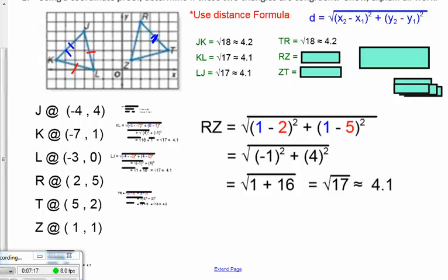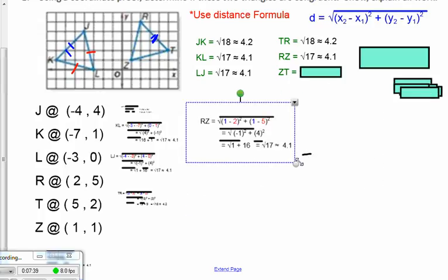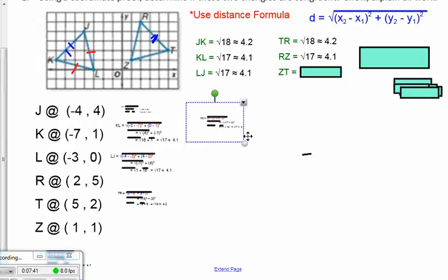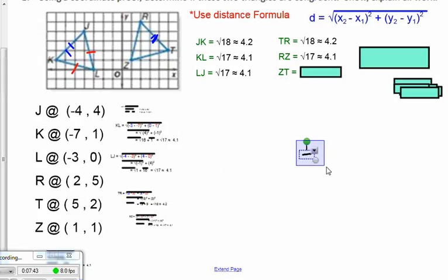I'm just going to draw that in here. -4 squared is still +16. 16 and 1 added up make 17. So square root of 17 is about 4.1. So the length RZ, that side, is about 4.1, or we can say it is exactly square root of 17.